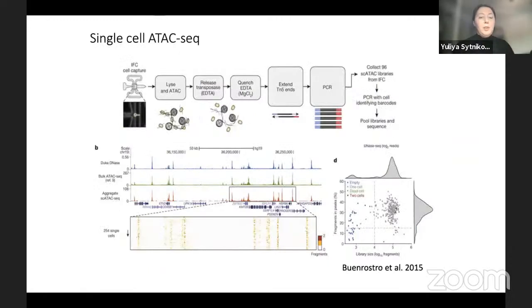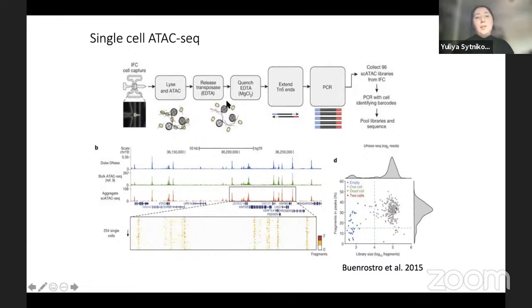So talking about ATAC-seq, the first attempt to apply it at the single cell level was done also by Jason Buenrostro. And it was pretty much a classical single cell approach where they used a microfluidics device to separate cells and for cell lysis, and loading of the transposase loaded with adapters was also done at the microfluidics device.